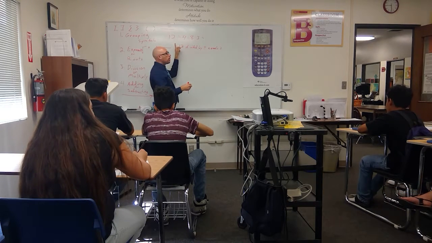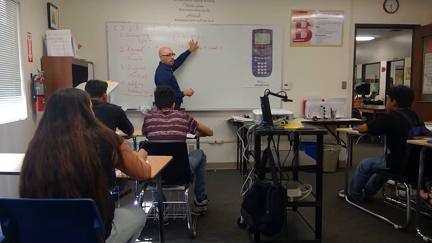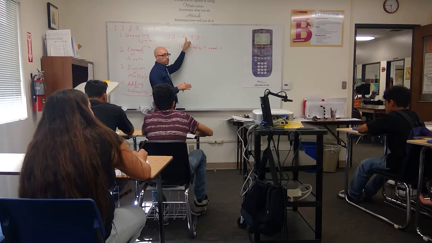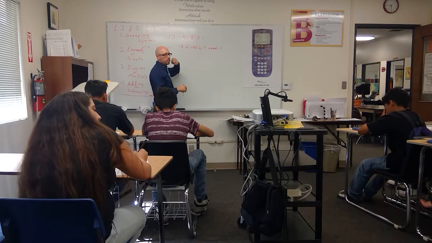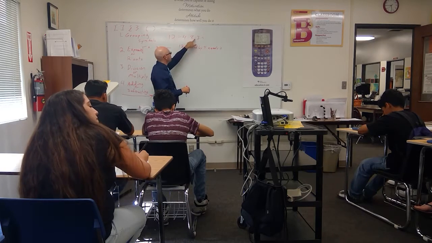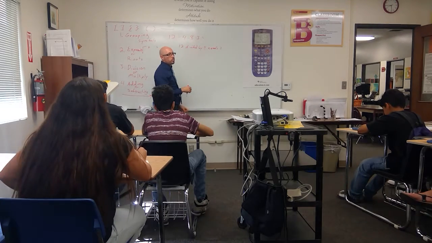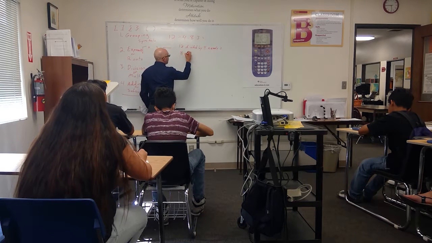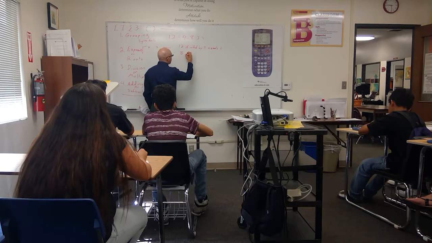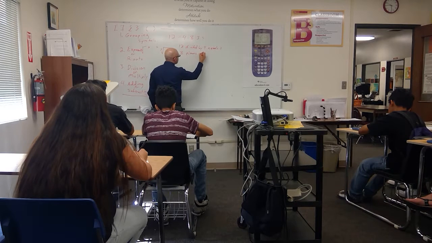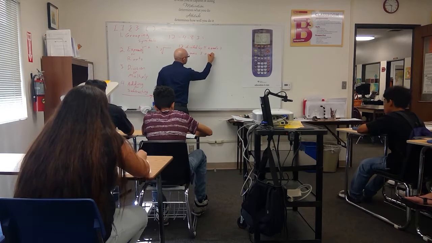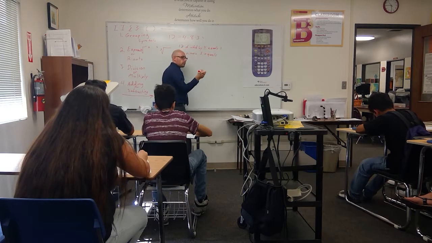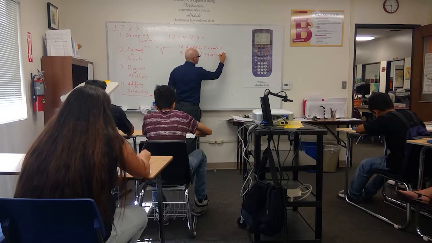Subtract them. But when you had them, you did the dot operation first, right? Yes. What operation is that? This little dot. Not division, multiplication. Correct. So you did 8 times 3, which equals, and you said that was 24. Okay.